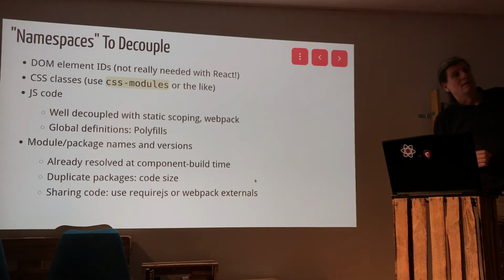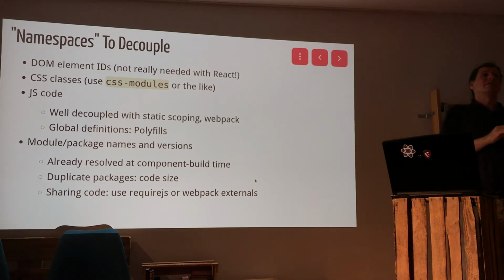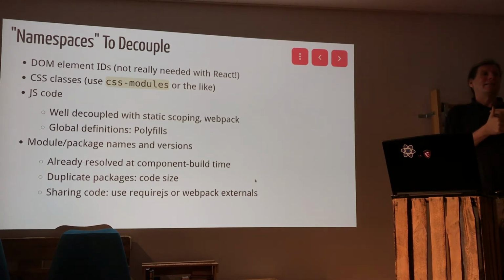So still we don't have the strong decoupling that we would have with multiple frames or multiple pages, or that we have on the server side. We do have to follow some conventions to avoid clashes in shared namespaces. One namespace is the namespace of IDs of DOM elements.